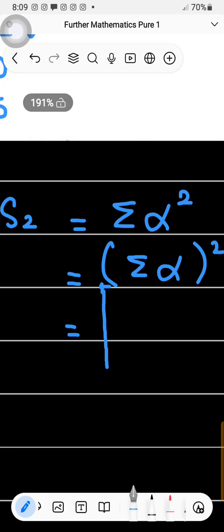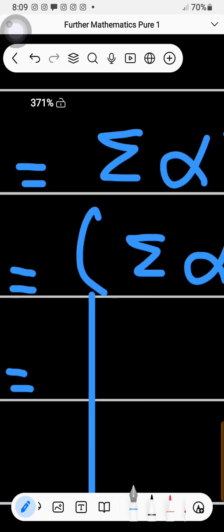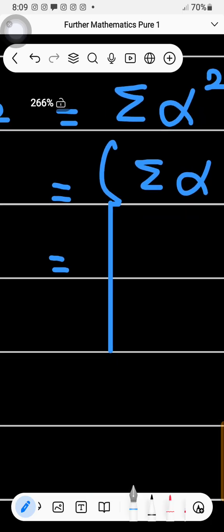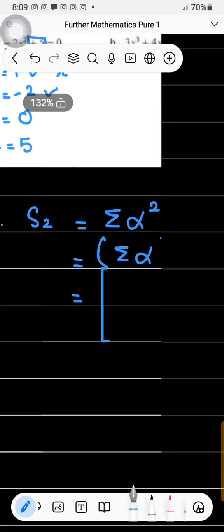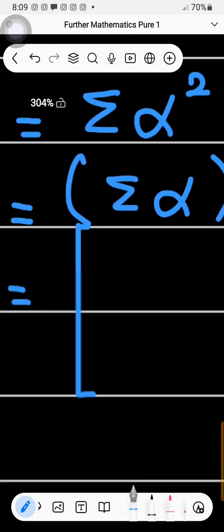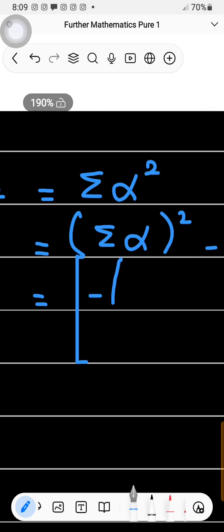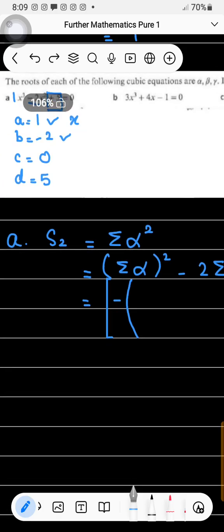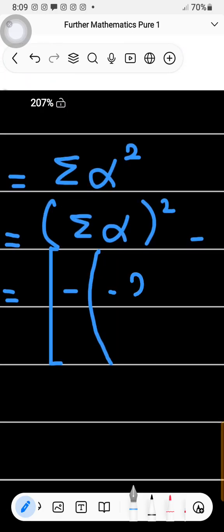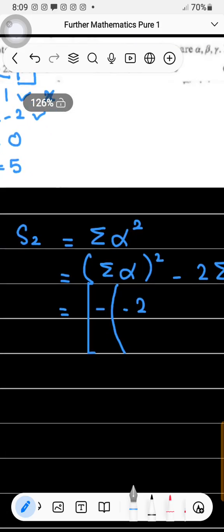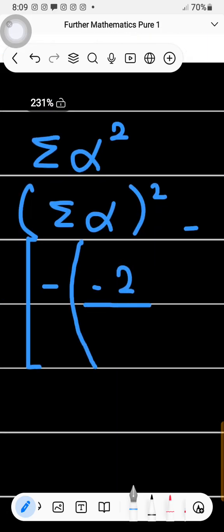First we have a bracket in which I will write negative b upon a, the negative sign of negative b upon a. Then I will write b as negative 2 and a is 1, divided by 1.